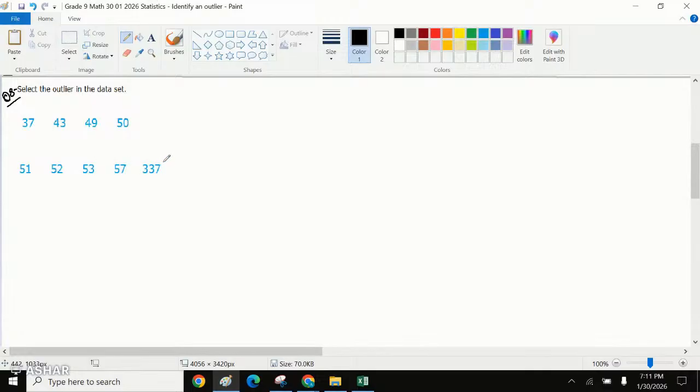But we know that 337 is an extreme value because it does not lie within the range of these given values. So we can say 337 is an outlier.